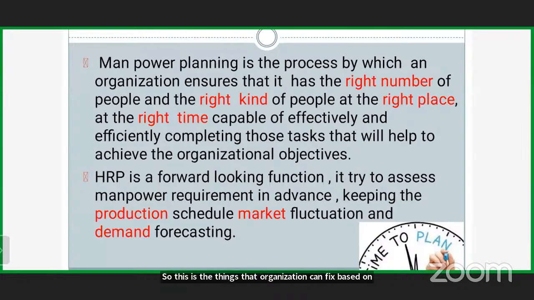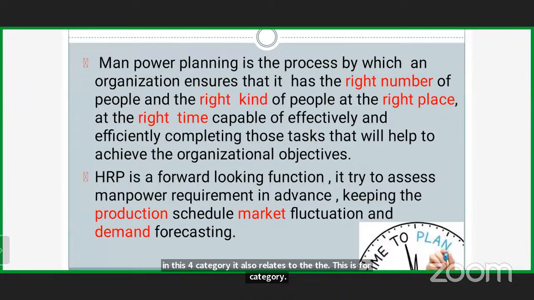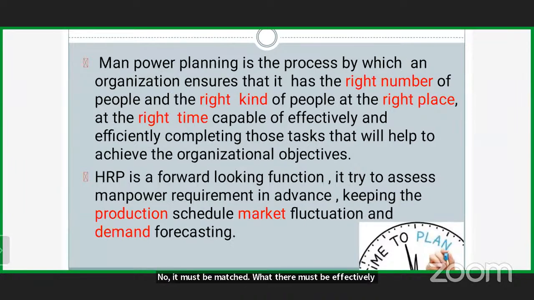These four categories must be matched. These people must be more effective and efficient so that they can complete the task properly and the organization can achieve its objectives. The right number, right kind, right place, and right time relate to people being more effective and efficient, so that the organization can achieve its objectives.